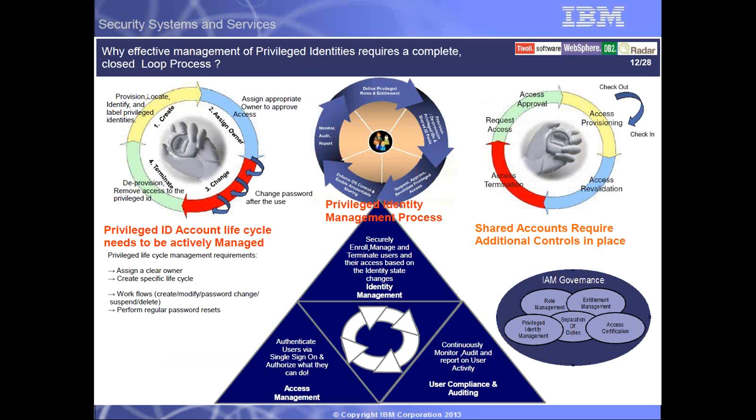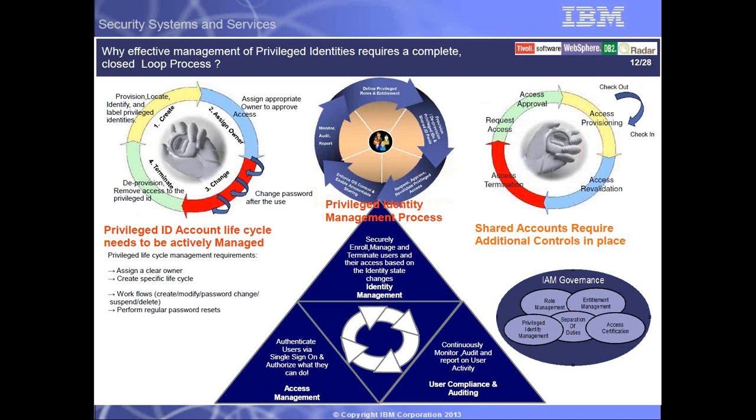Here we'll understand why effective management of privileged identities requires a complete closed loop process. It cannot be just securing it. You have to close it from each of these cycles. From the lifecycle standpoint: create, provision, locate, identify, and label privileged identities, assign an appropriate owner, change the password after use, and deprovision, removing access to the privileged ID once the user is terminated.